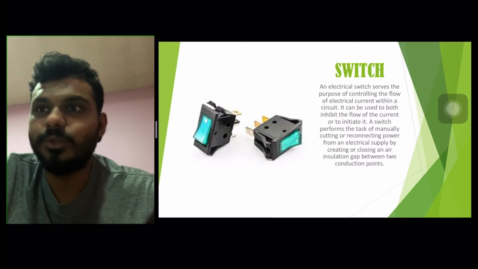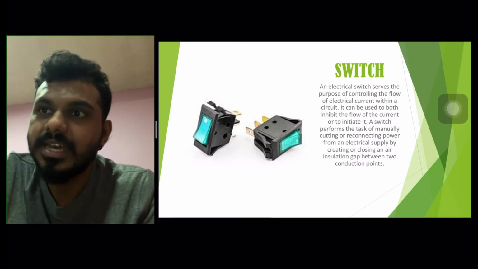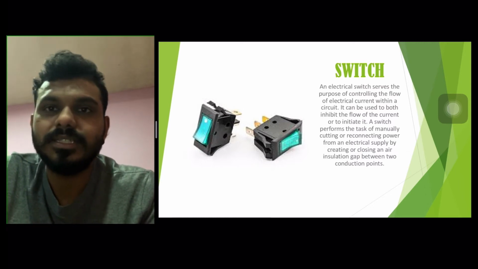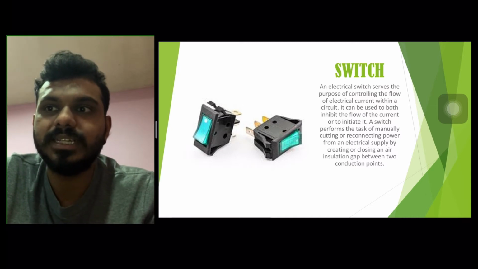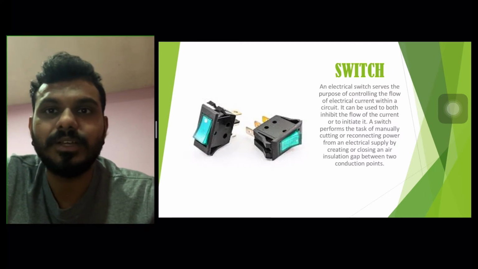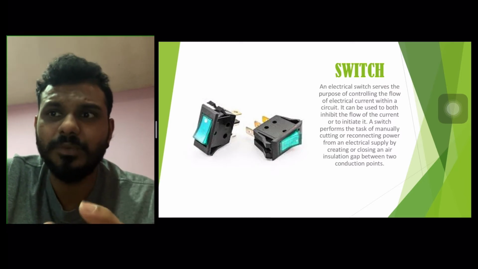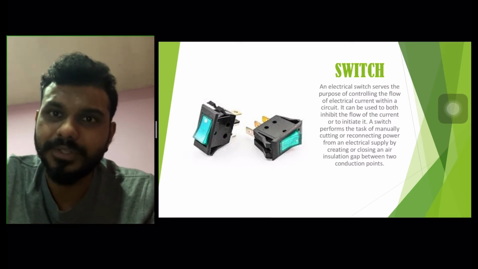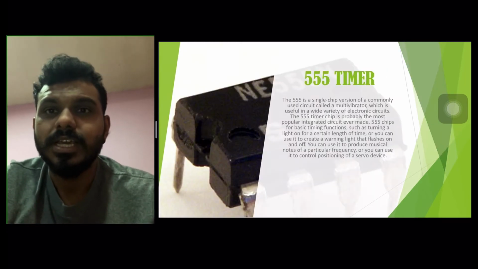It can be used to both inhibit the flow of current or to initiate it. A switch performs the task manually, cutting or reconnecting power from the electrical supply by creating and closing an insulation gap between two conduction points. These are the functions of the switch.